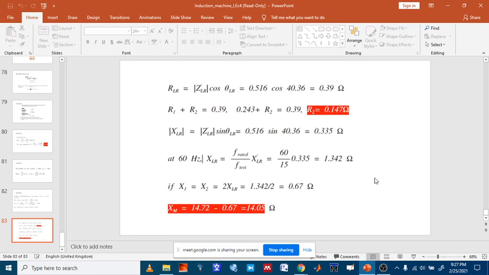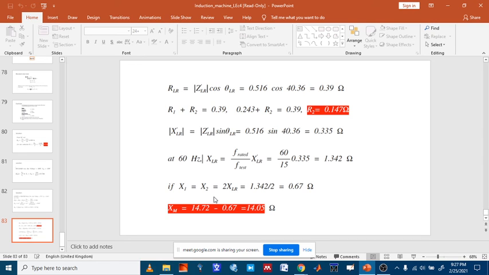Now X1 and X2 are the same, therefore XLR can be equal to X1 plus X1, making 2X1, or X2 plus X2, making 2X2. Therefore, XLR is equal to 2X1. So if you want X1, you divide XLR by 2, and you will get 0.67, which is the same as X1 and also the same as X2.